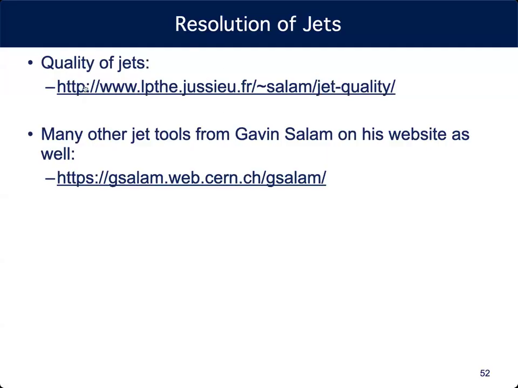Just very briefly, there's a lot of little fun things on Gavin Salam's web page. The quality of jets is a great little app that will give you the resolution of, let's say, a dyed jet. You can pick the algorithm you want, and it will change the resolution.